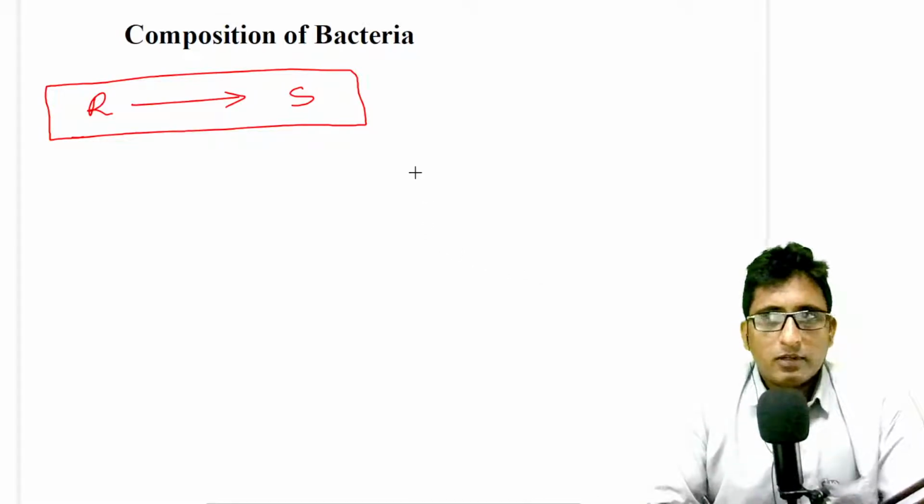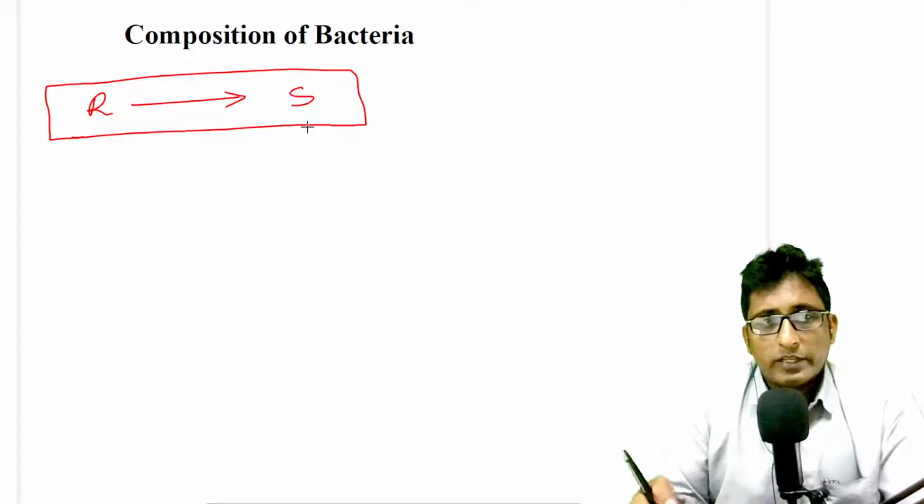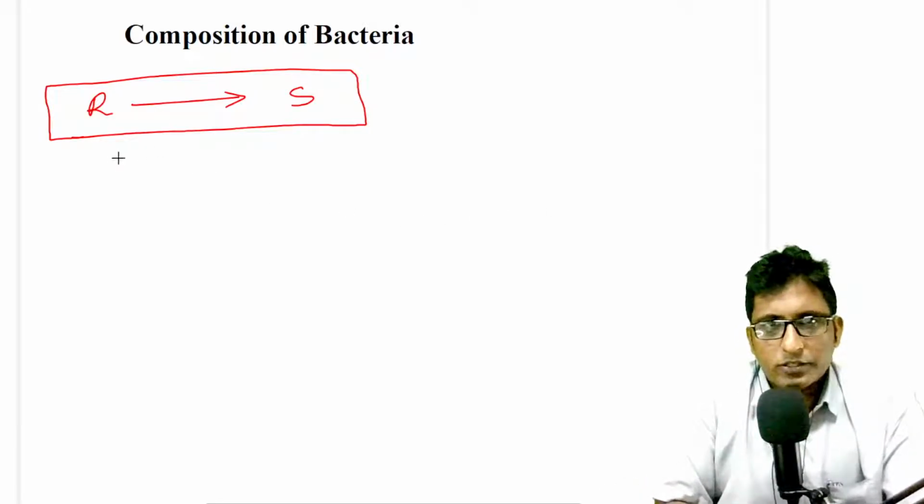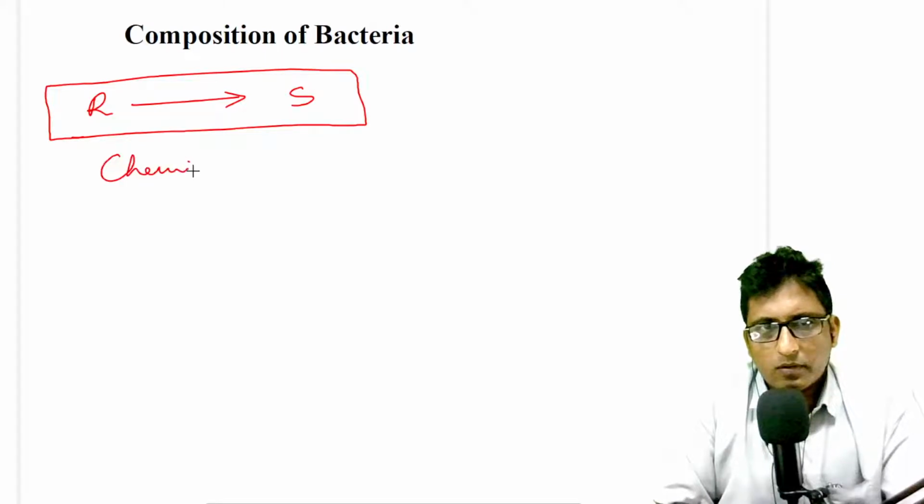After a decade or two, several experiments were made. But before going into the experiment itself, let's discuss what it could be. The chemical nature of the transforming principle is what we need to find out.